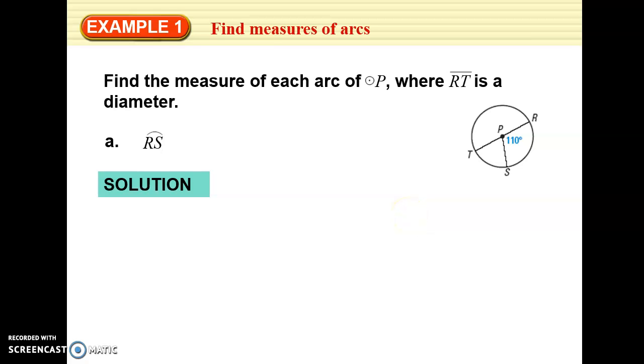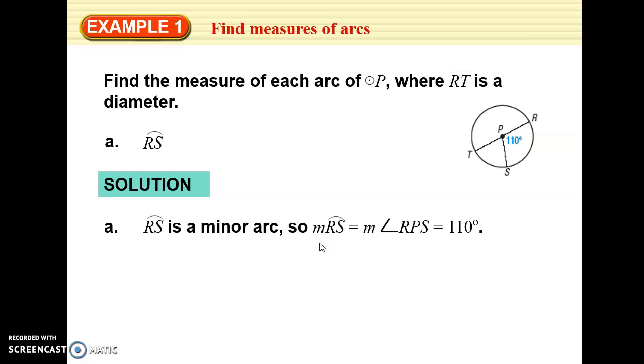Now, the next example will be to find the measure of arc RTS, R, T, and S. We are looking for this arc. It's a major arc because it's greater than the semicircle.